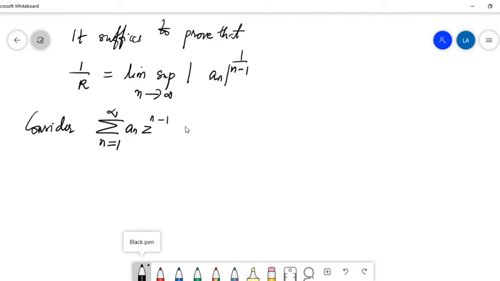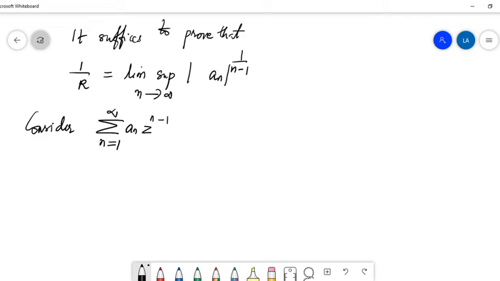Since we know in the hypothesis that the summation n is equal to 0 to infinity of a_n into (z minus a) the whole raised to n has the radius of convergence r, that means the summation n is equal to 1 to infinity of a_n z raised to n is convergent.